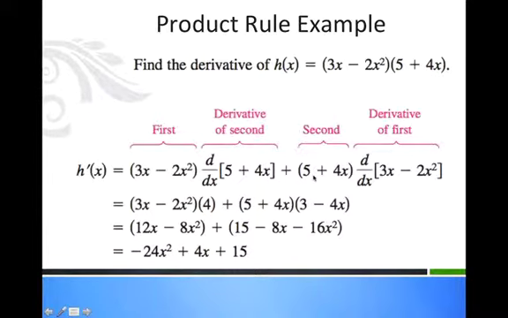We're going to add that to the second function times the derivative of the first. All right, so when we derive, this just simplifies to 4, and this simplifies to 3 minus 4x. And then we can just do some algebra. We can expand and simplify and get this as our final answer. So hopefully that's what you got.